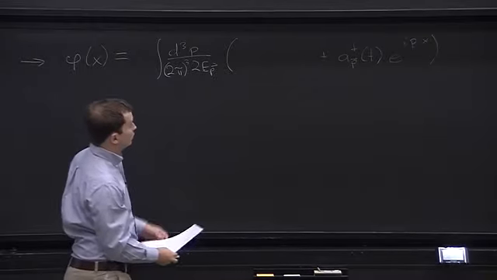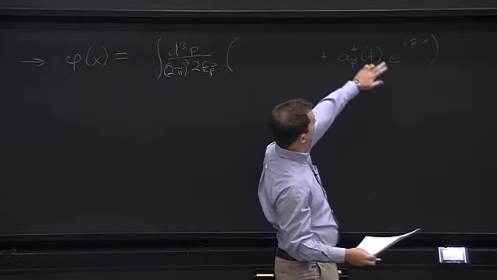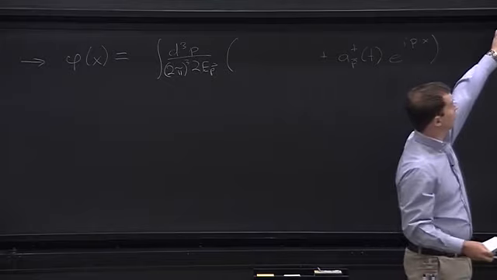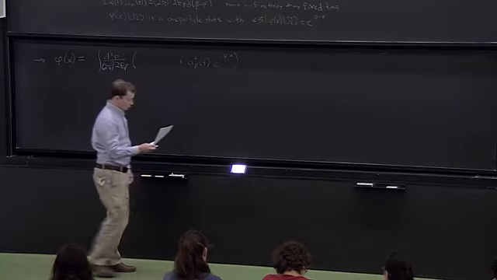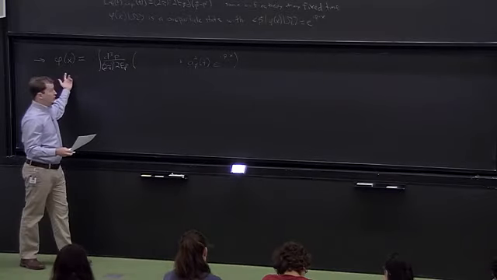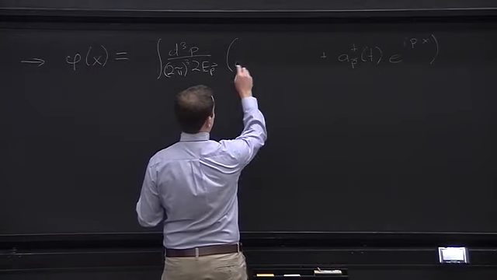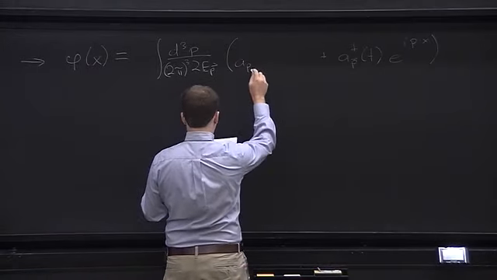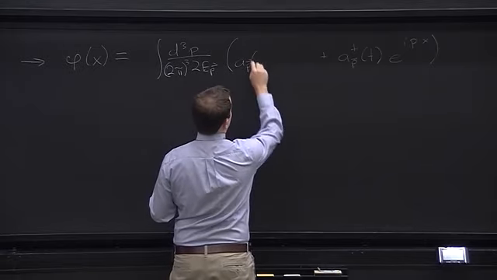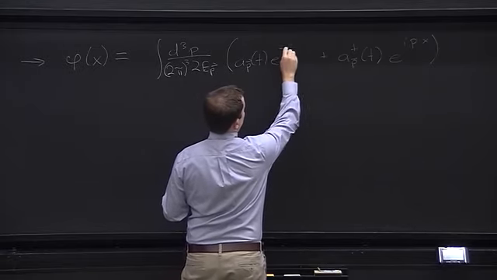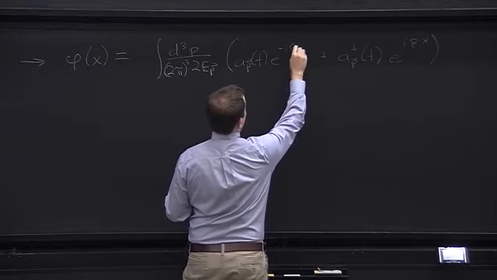If we changed this factor, we would modify this relation. And if we want it to be a real field, then we should have the other term that we're used to, the same annihilation operator, times e to the minus i p dot x.